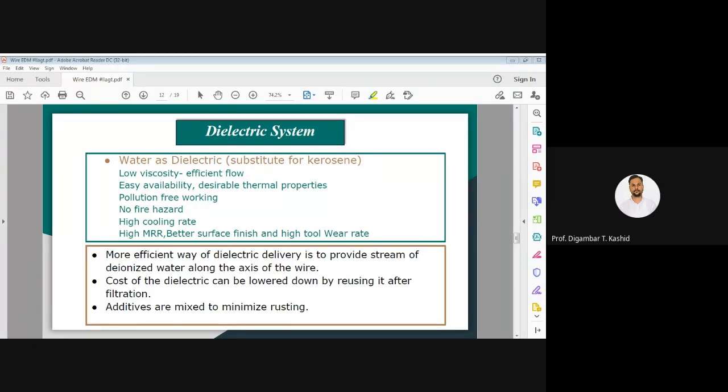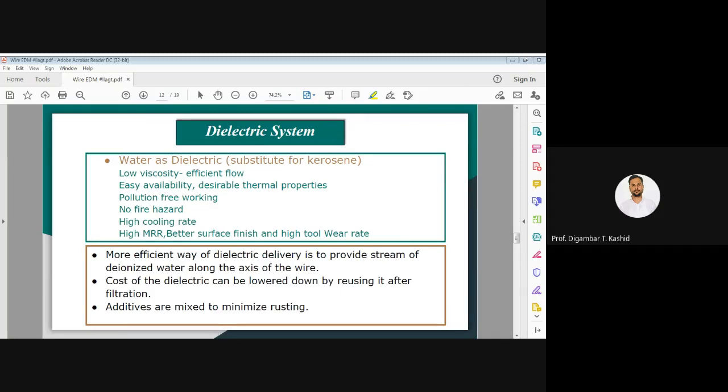Because of this high cooling rate, the thickness of the recast layer which is generated on your workpiece surface also gets reduced. So that point also we need to consider, and we get a high material removal rate, MRR, on the workpiece. That is the requirement of this process.